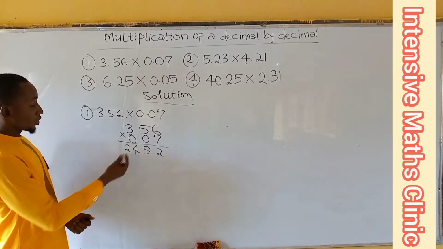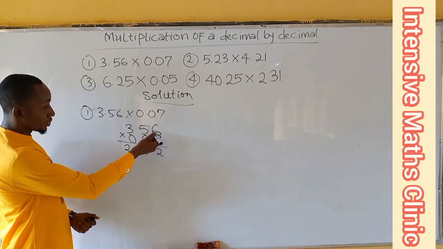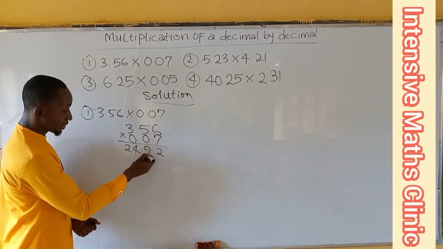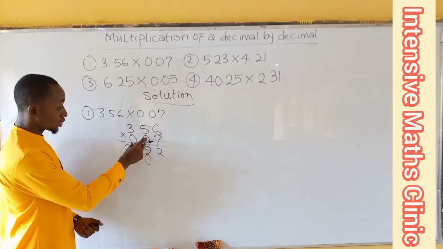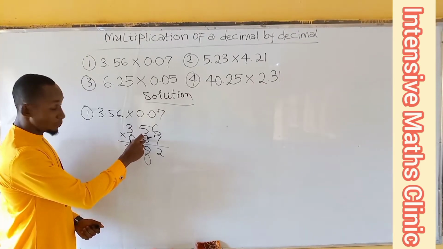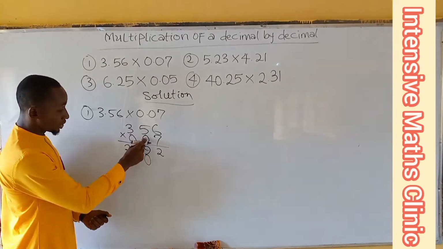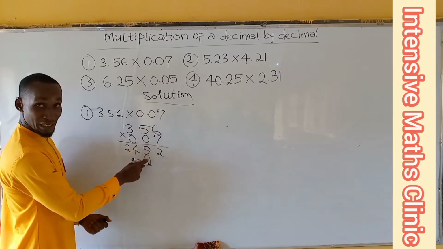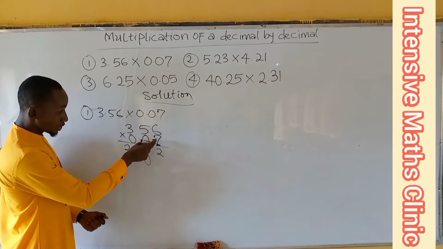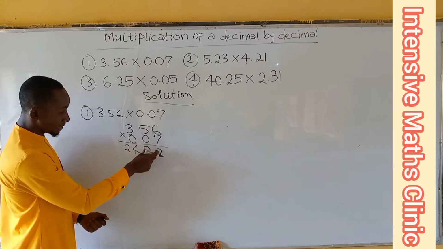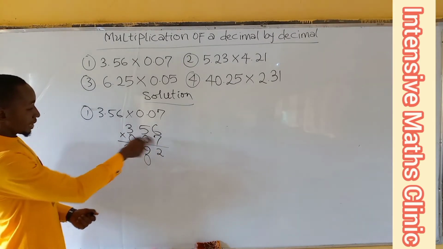So from here, this is 0 and this is 6. 0 multiplied by 6 is 0. We put this here because we are using this 0; the position of the place value of this 0, we have to start it from here. Just like the way we start multiplying here and our first result sits here, likewise for the others.